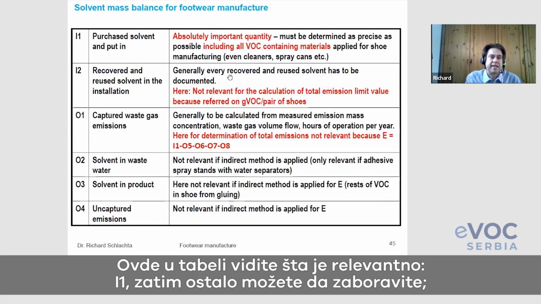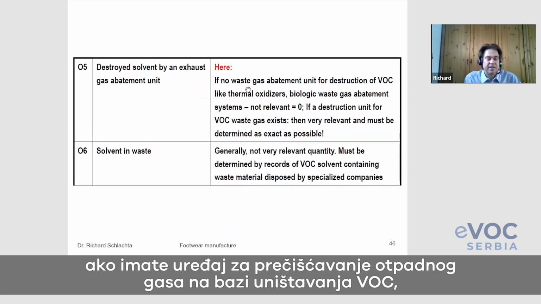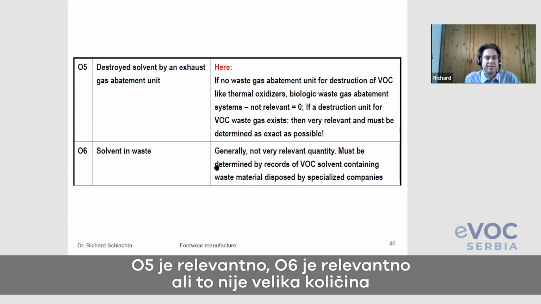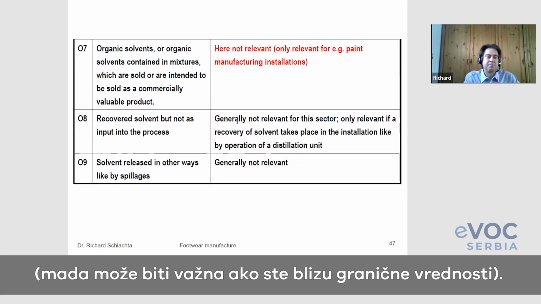So here in that table, you see what is relevant. I1, and then the rest you can forget. If you have a waste gas abatement based on destruction, then O5 is relevant, O6 is relevant, but it's not a very high quantity. But it can be important in case of compliance, if you are in the range of the limit value.